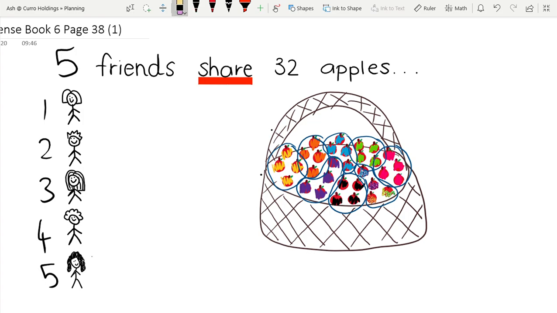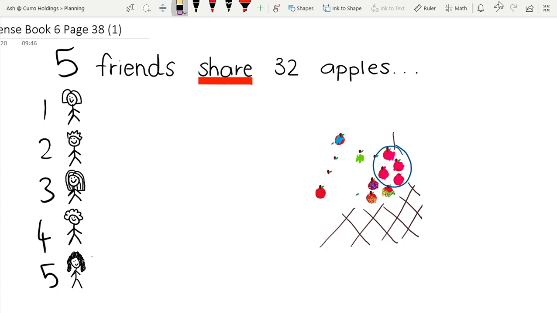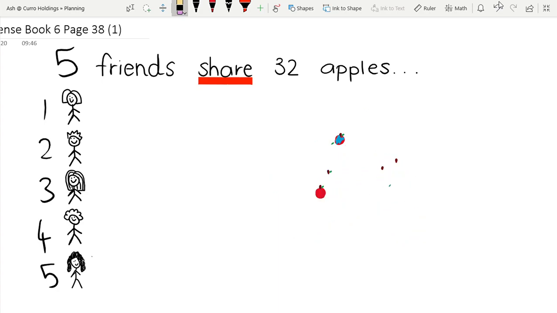So now I want to take that all away so it doesn't confuse us. And let's do little groups of 5 apples. Right, so we have 5 apples over there for friend number 1.